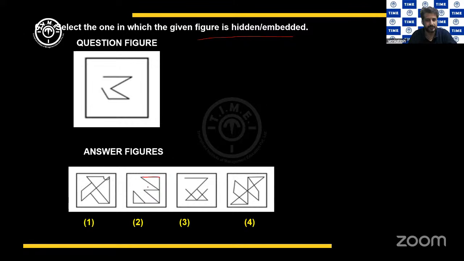Nothing, not there. Okay, now what you can see here, yeah, perfectly matching. So choice 3. The given figure is embedded in choice 3. Here is the shape. Okay, right.